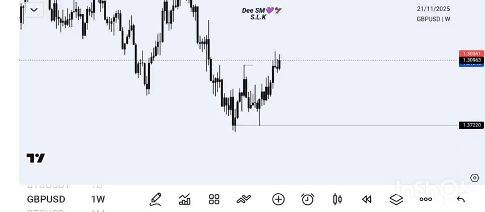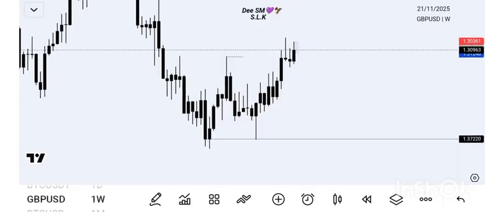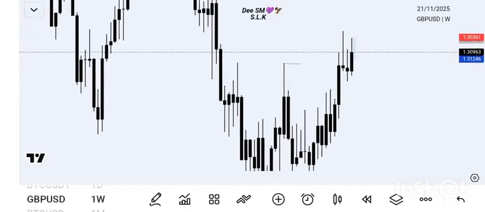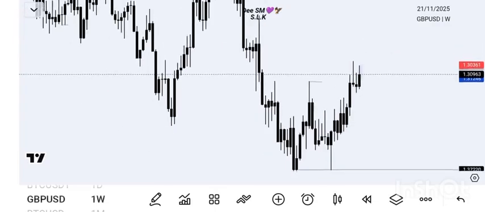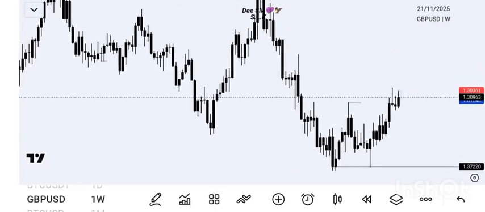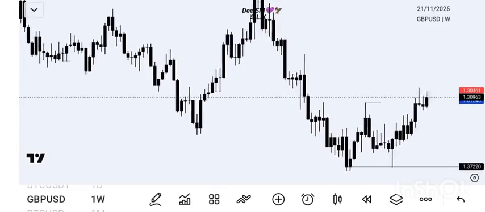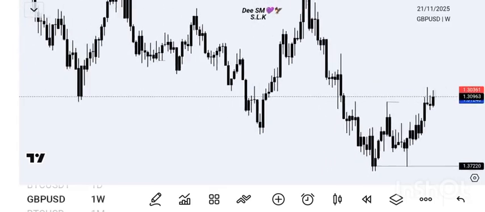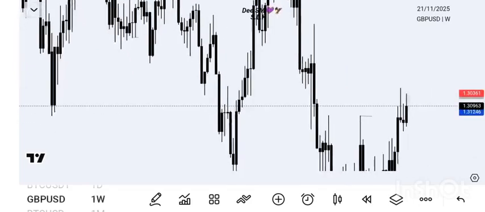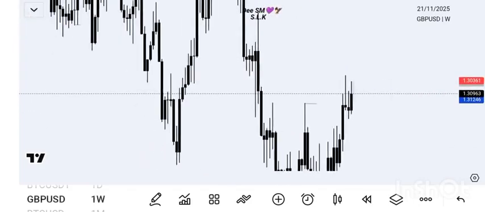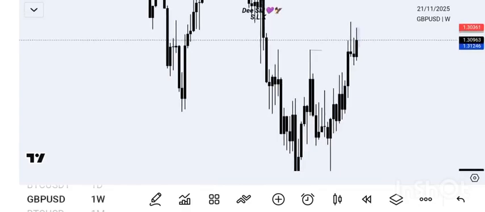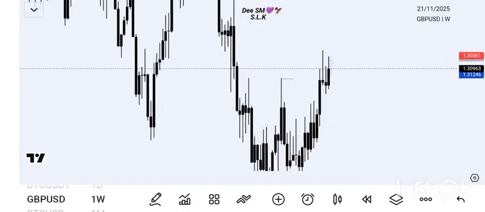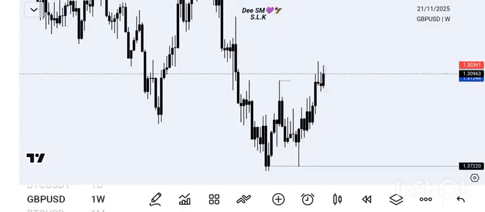So let me look for an example of an open close. This is a weekly time frame. Sorry, I need to look for it. Maybe I'll find it on gold. It works very well on gold.